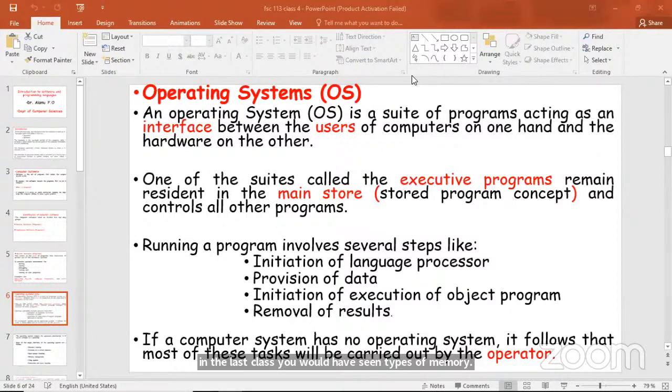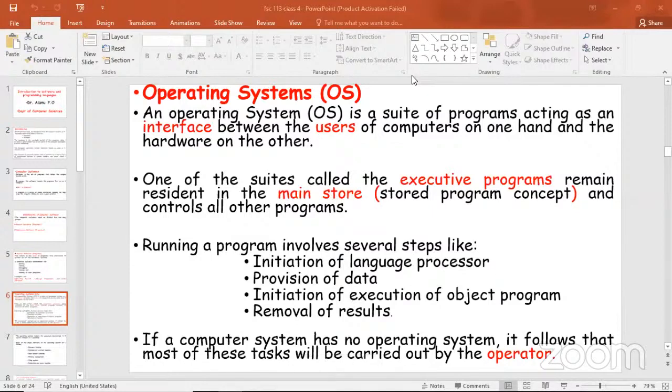We have those that are volatile and we have those that are permanent. So the programs or the software to be used for this concept are stored in the permanent memory of the computer system so that once there's power, this set of programs can be selected from the permanent memory, right? And the instruction sets or the line by line coded instructions can now be executed.